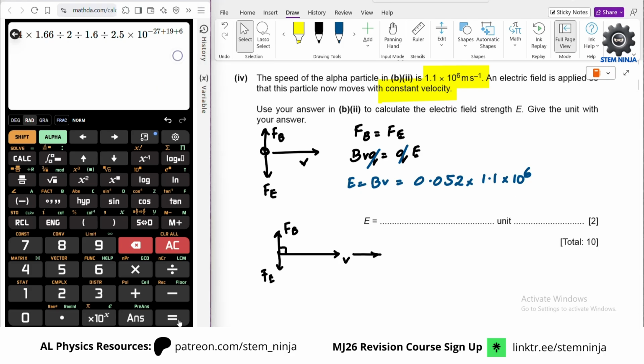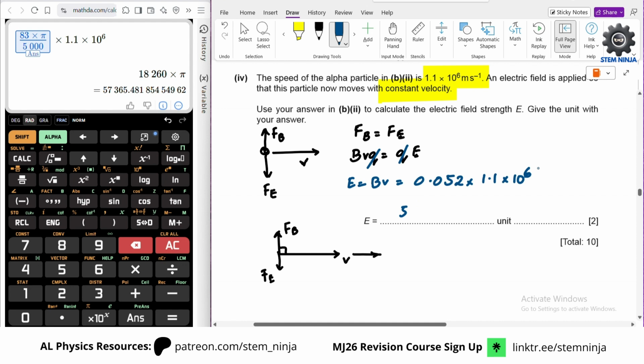So this value times 1.1 times 10 raised to the power 6. So we get 57,365.